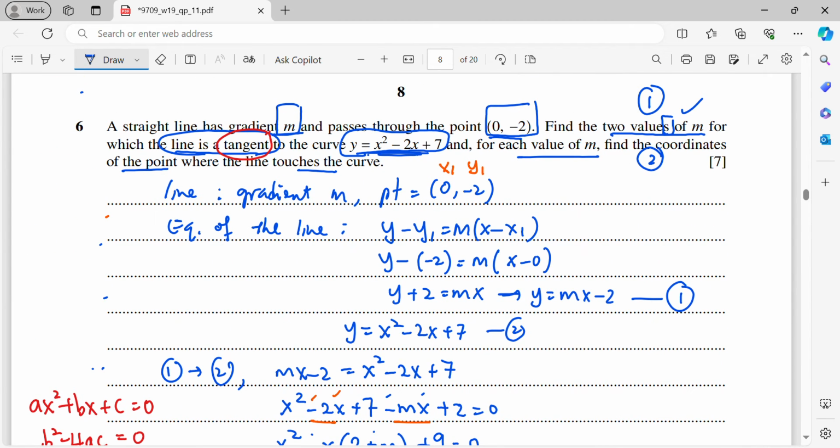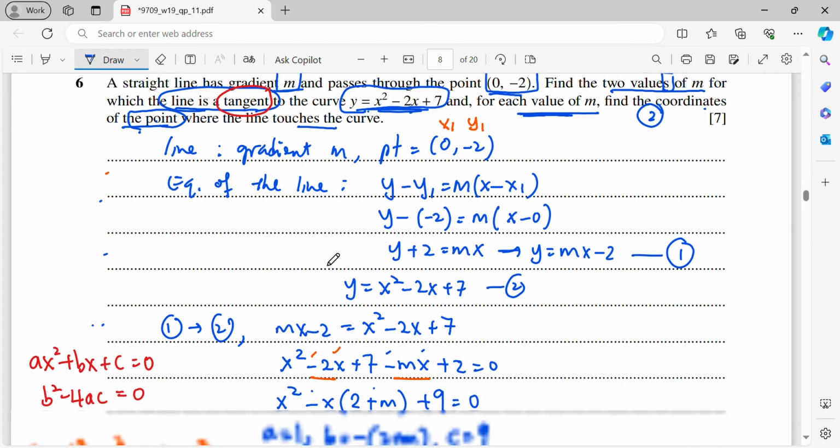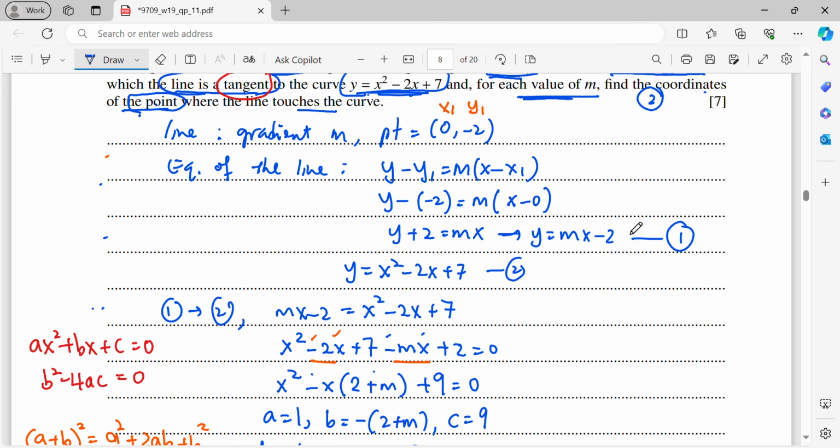And now the question asks for each value of m, find the coordinates of the point where the line touches the curve. So for your information, this point lies on the tangent line and also on the curve. So I will just substitute into the curve, because your tangent line has m.